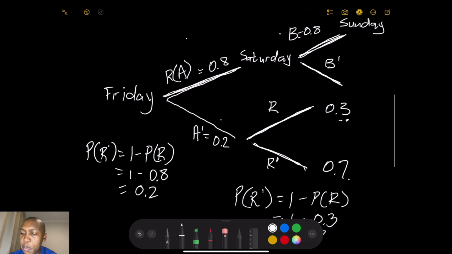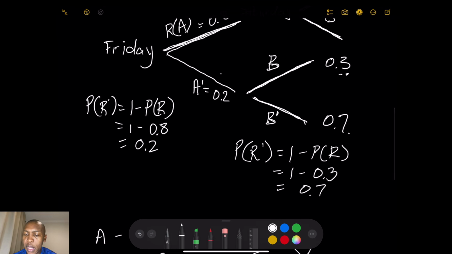And of course, again, this would be B, and that would be B prime as well. So instead of us calling this R prime, that was the probability of A in that case, because we were talking about a Friday here.